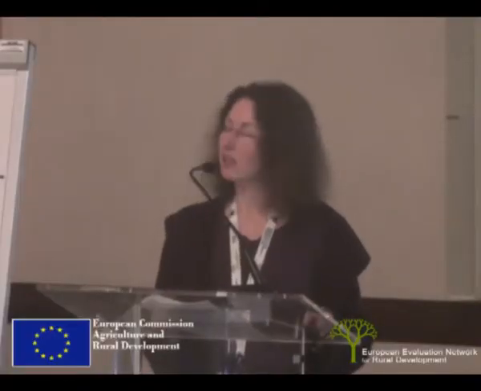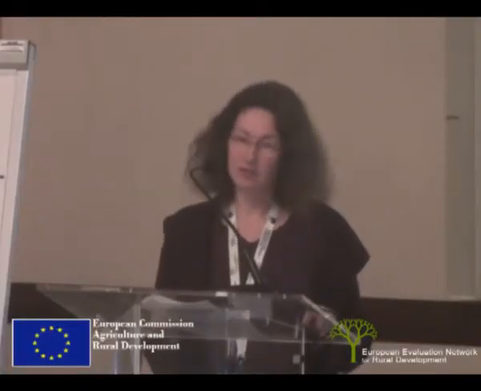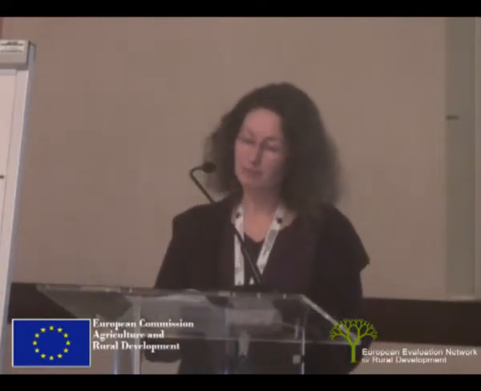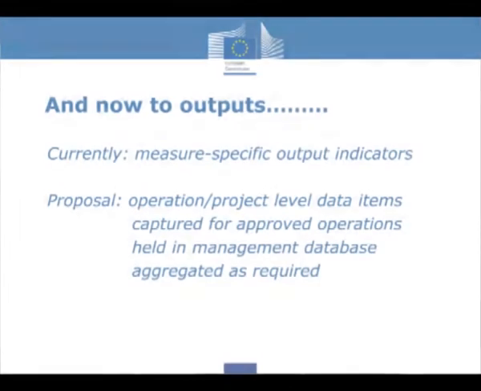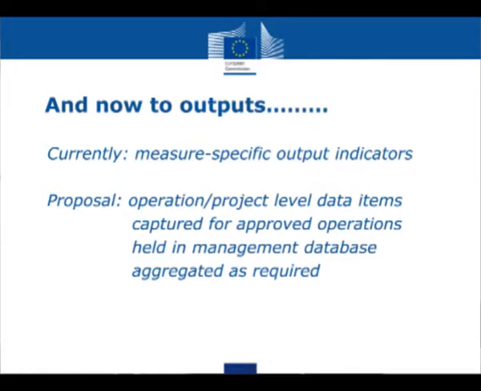So far we've looked at impacts and results, and now we come to outputs. And here, those of you that have had a chance to look at the paper will see that we're really proposing a very different approach to what we have now. At the moment in the CMEF, we have measure-specific output indicators and a varying number for each measure.